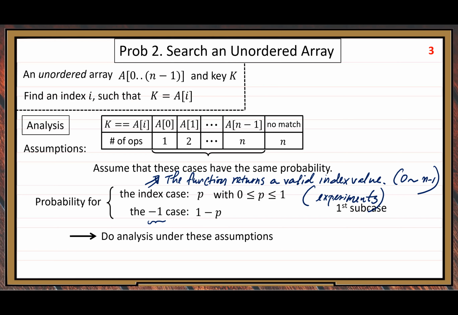So under the reasonable assumption, let's do some average case efficiency measure. When we look at the average case, we consider two subcases.